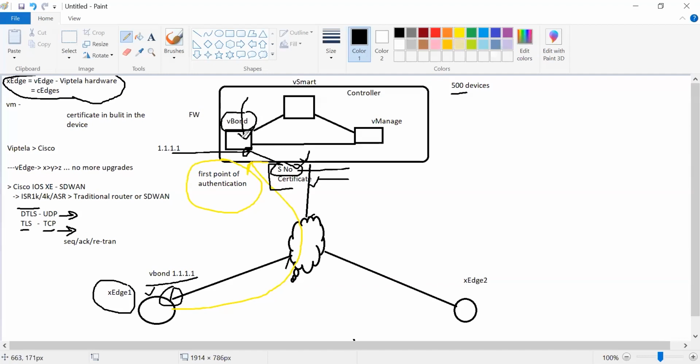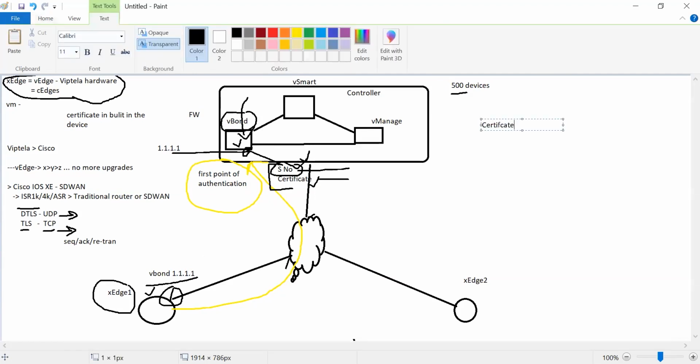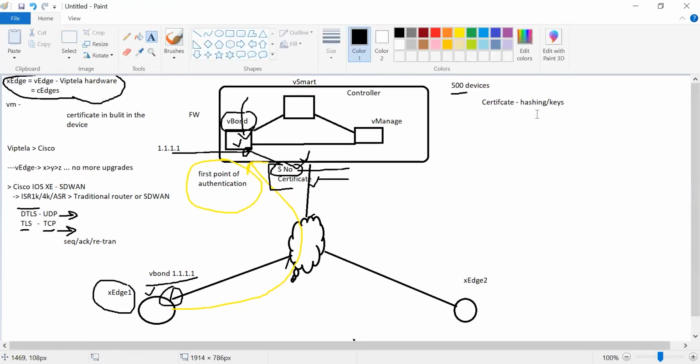This device has a certificate, and vBond also has a certificate. On a high level, you can think of a certificate as hashing or keys, with encrypted keys or hashes. If these hashes match, only then will the DTLS tunnel be established between the XEdge and vBond. This is why we say SD-WAN is secure: it uses certificate-based security, and we are whitelisting serial numbers as well.